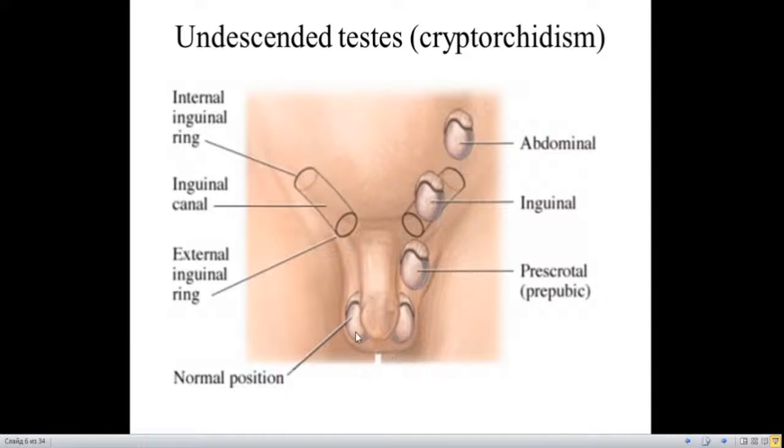Normal position is when testis is found in scrotum, but sometimes it stops in the abdominal cavity, so it is the abdominal type. When it passes through the inguinal canal and stops here, it is the inguinal type. Or when it exits the inguinal canal but stops at the upper part of scrotum, it is known as the prescrotal or prepubic type.